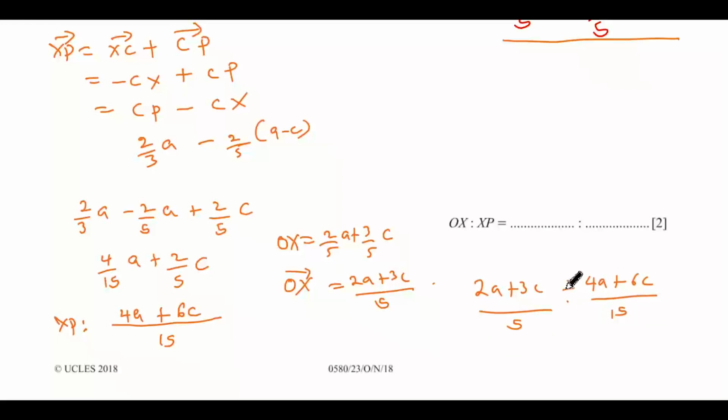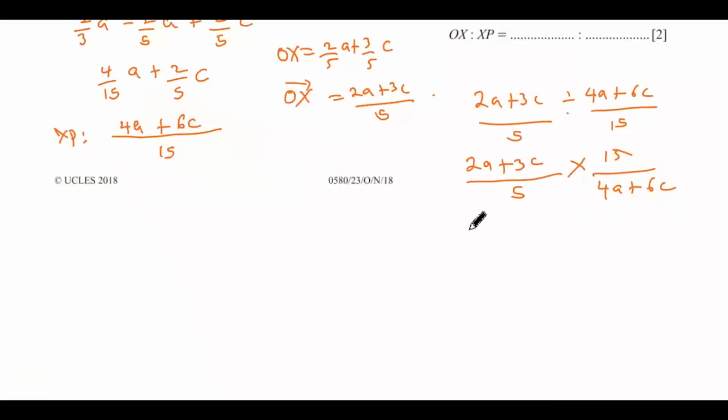So let's change the sign of division to multiplication. That will be 2A plus 3C over 5, multiplied by 15 over 4A plus 6C. We can simplify this further. Let's factor out 2 from the denominator, from 4A plus 6C.